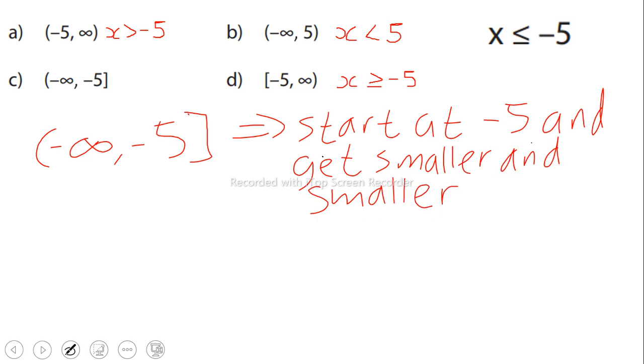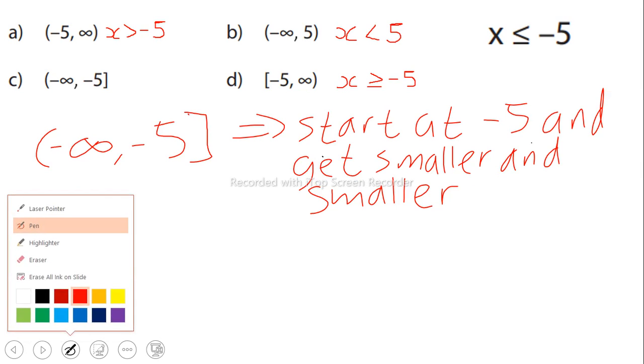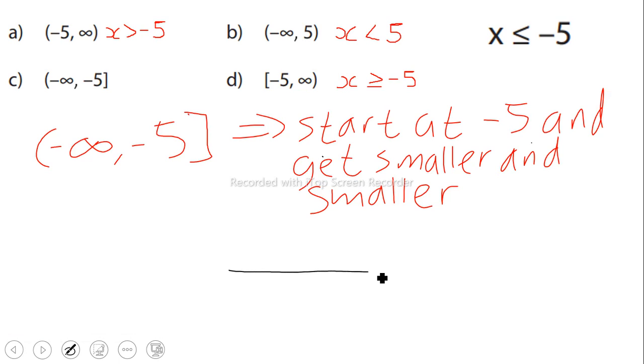If we were to do this in a graphical representation, we would have our x-axis, with 0 here and -5 here.